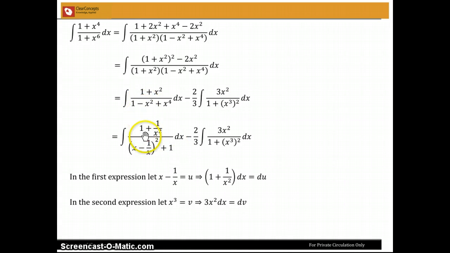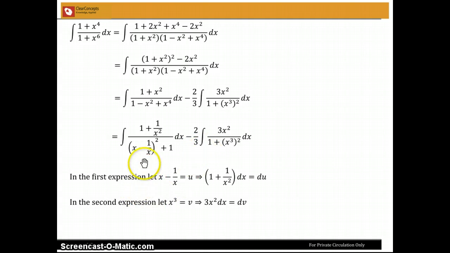Now in this first expression, I can divide the numerator and denominator by x squared, and then since I'm getting 1 plus 1 by x squared in the numerator, I will convert the denominator by completing the square into x minus 1 by x whole squared plus 1. The second term remains as is.